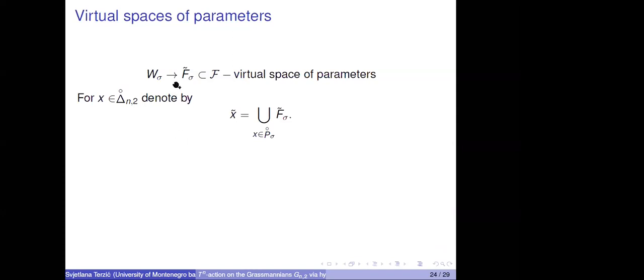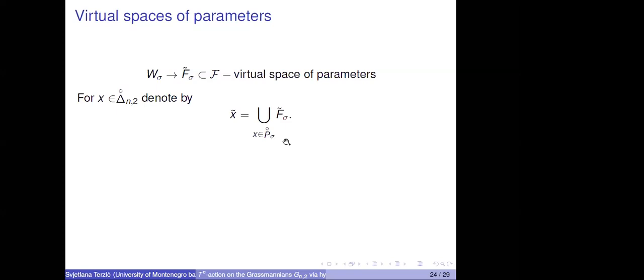So to summarize, when we prove that there is a universal space of parameters, to each stratum can be assigned in this way a virtual space of parameters, and this virtual space of parameters does not depend on the chart. Whichever chart we fix, we are going to get homeomorphic spaces of parameters. And now, if we fix a point in the interior of delta N2, we can consider X tilde. It's the union of all virtual spaces of parameters for all admissible polytopes which contain the point x.